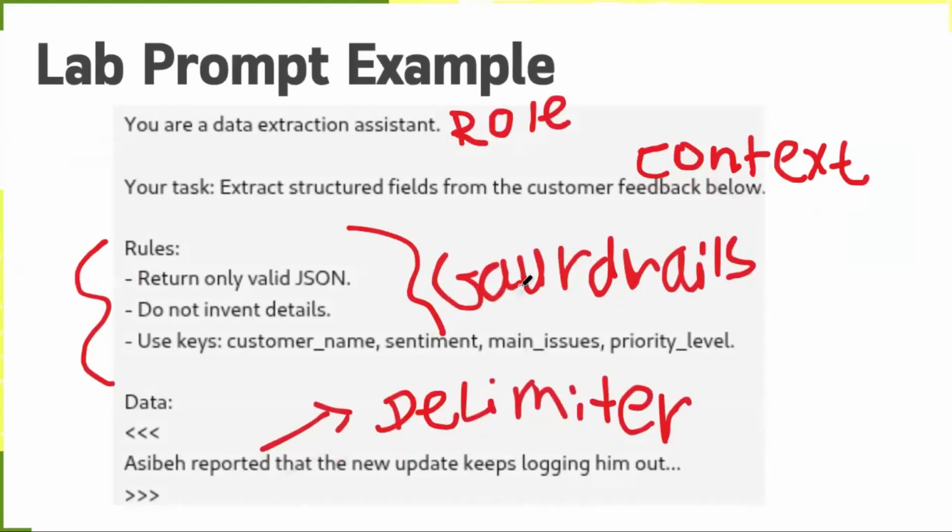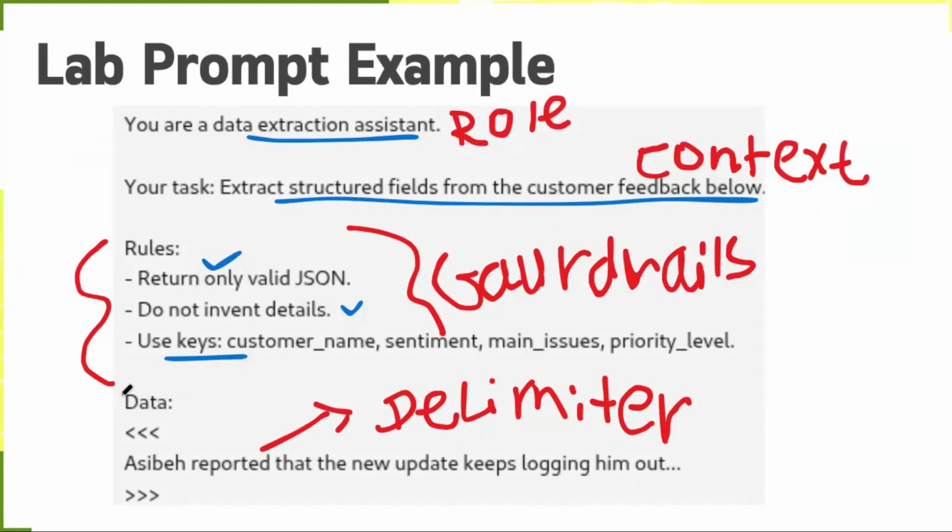Here's an example you can use as a reference. "You are a data extraction assistant. Your task: extract structured fields from the customer feedback below. Rules: return only valid JSON. Do not invent details. Use keys: customer name, sentiment, main issues, priority level.